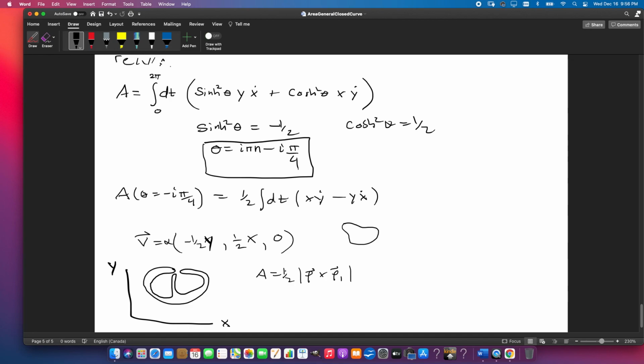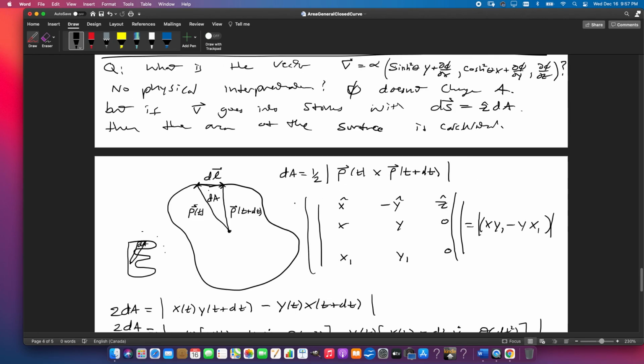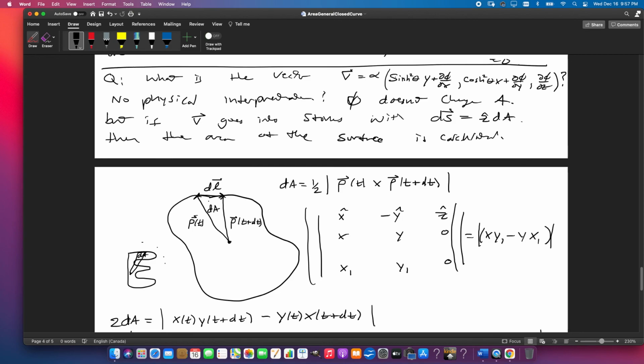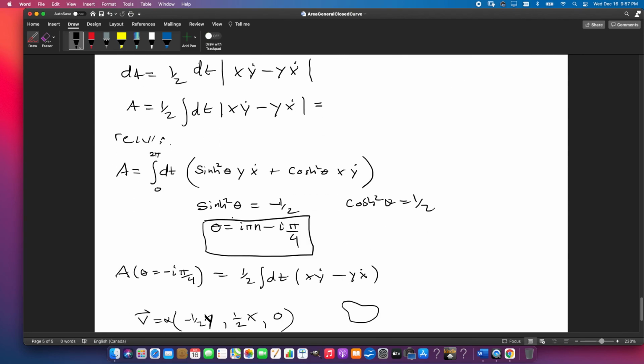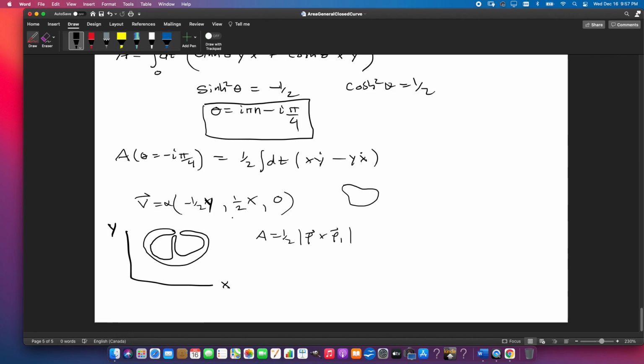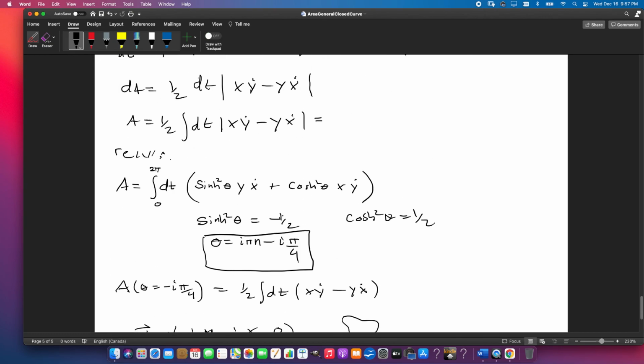So the validity of this formula for the area depends on the path, right? So only a certain, well, I don't know.